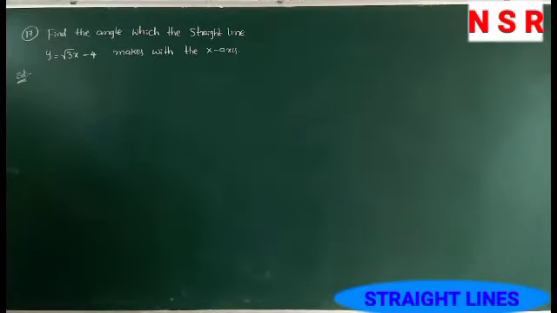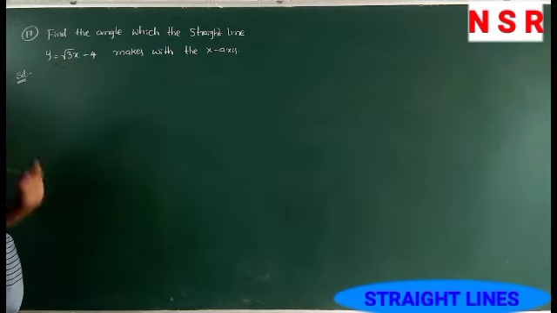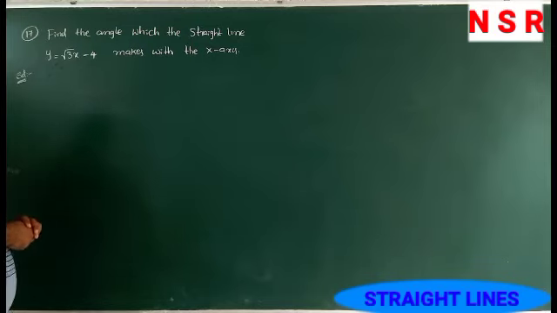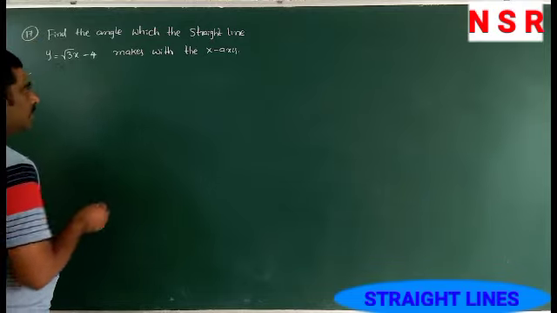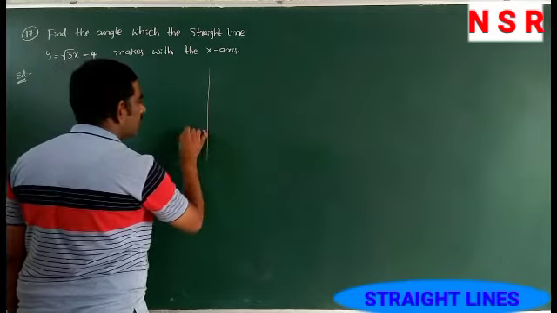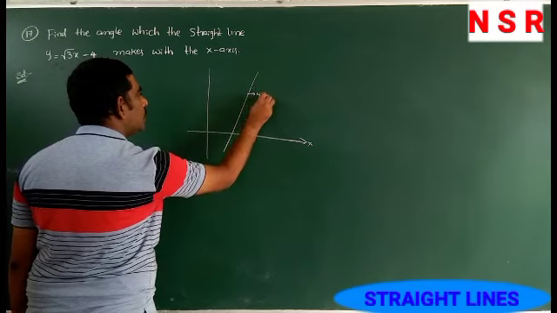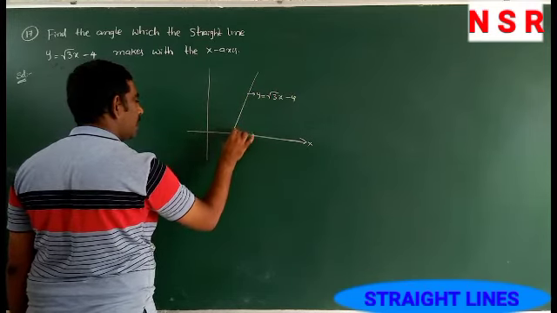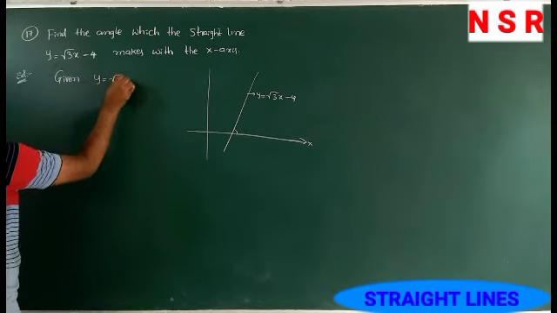Next, question number 17: find the angle which the straight line y = root 3 x minus 4 makes with the x-axis. Here one straight line is given, y = root 3 x - 4, and we have to find the angle.